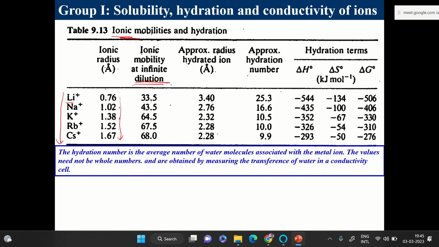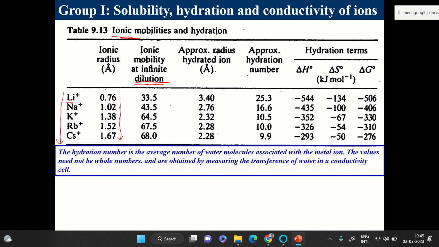I told you that when you dissolve Na+, जब आपको बोर्ड पे मैंने ड्रॉ करके दिखाया था कि Na+Cl- जब डिजॉल्व होता है तो Na+ gets surrounded by a large number of water molecules. In a similar fashion, you can think of this number will be different for lithium plus, Na plus, K plus.